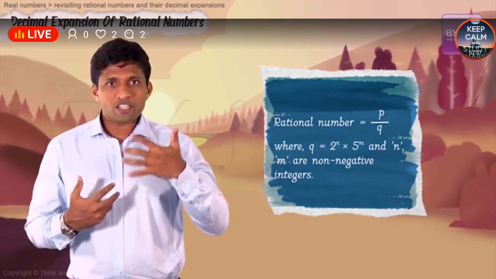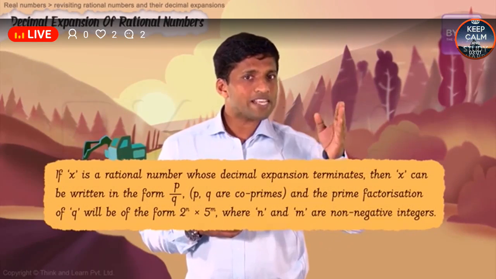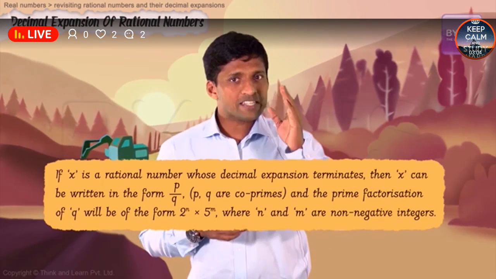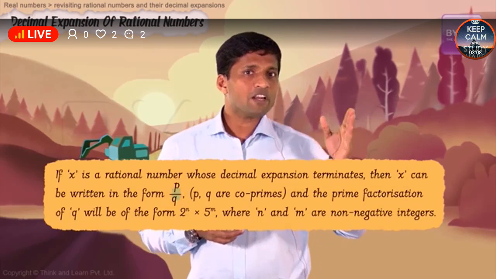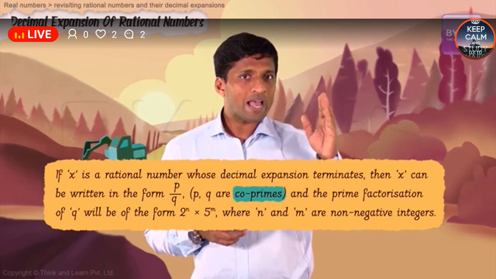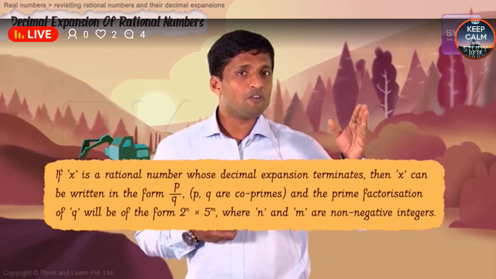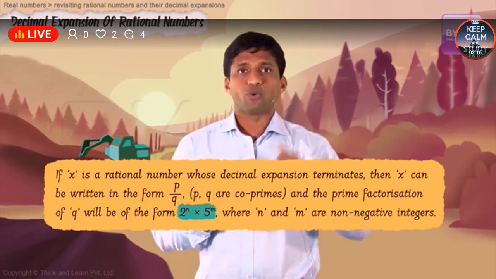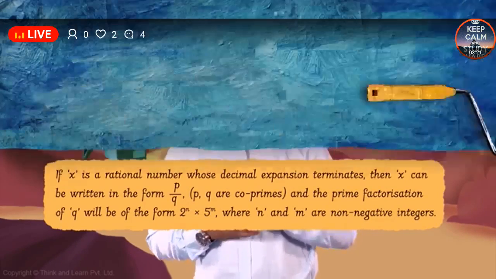To state this properly: if x is a rational number whose decimal expansion terminates, then x can be written in the form p by q, where p and q are co-primes, and the prime factorization of q is of the form 2 raised to n into 5 raised to m, where m and n are non-negative integers.